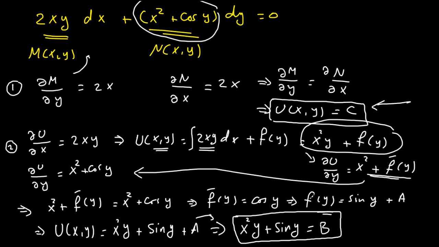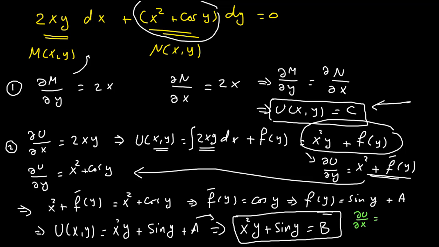The last step is to check for the solution, and the check here is to differentiate this given solution partially with respect to x, and again partially with respect to y. If our solution is correct, we will get the same functions m and n. If we look here, we will have partial u by partial x.